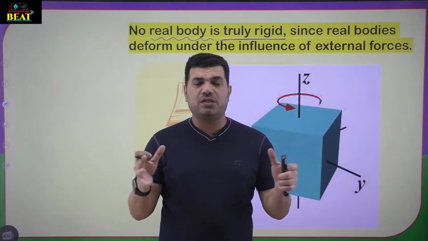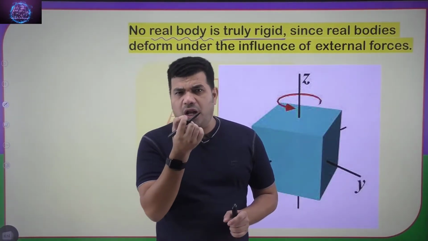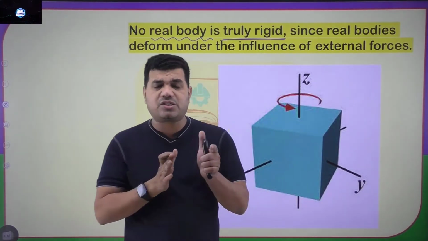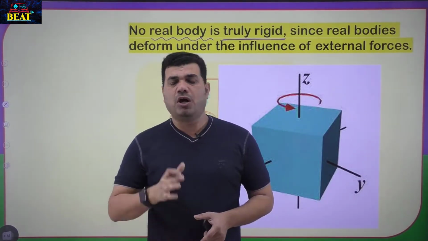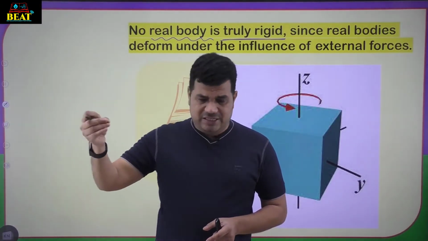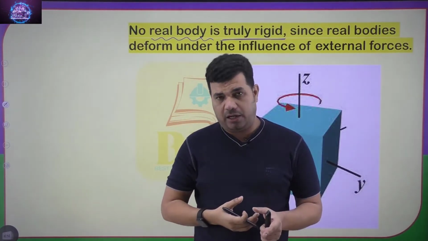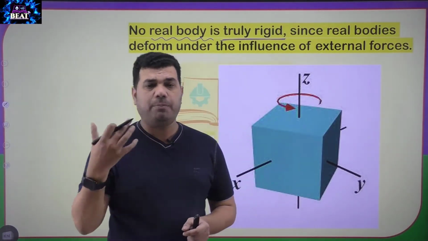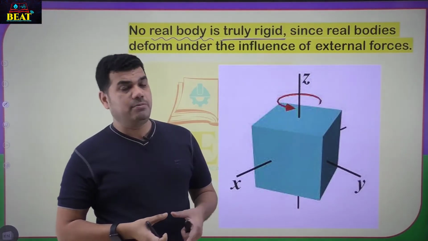If you apply some forces, a very small deformation, very small change in shape and size is always there. Later you will get to know this as compressibility. A new word you will get to know after some time in other chapters, compressibility.